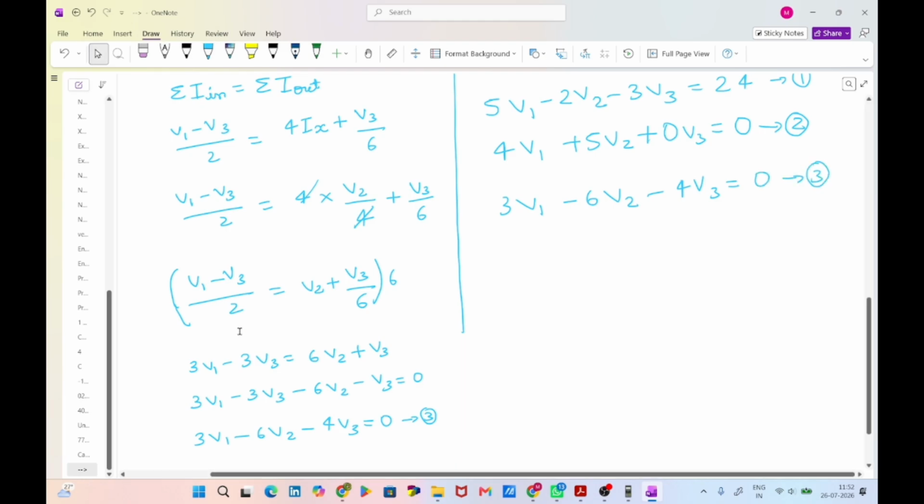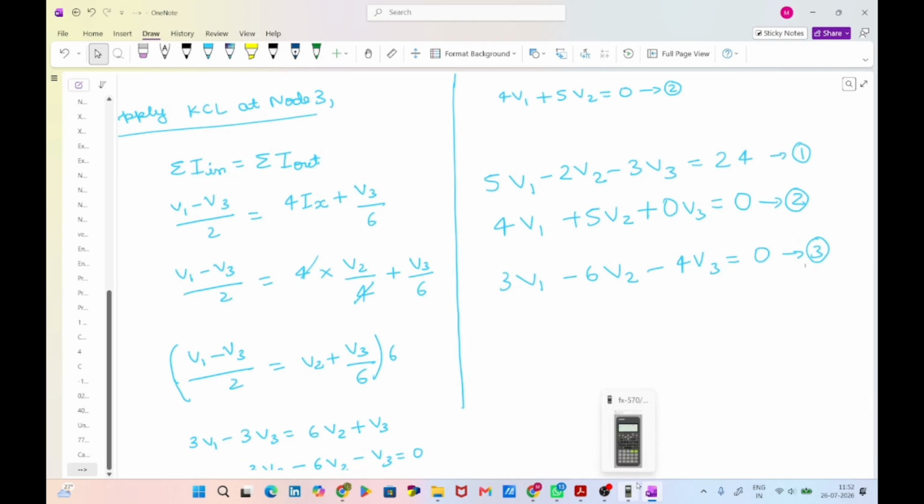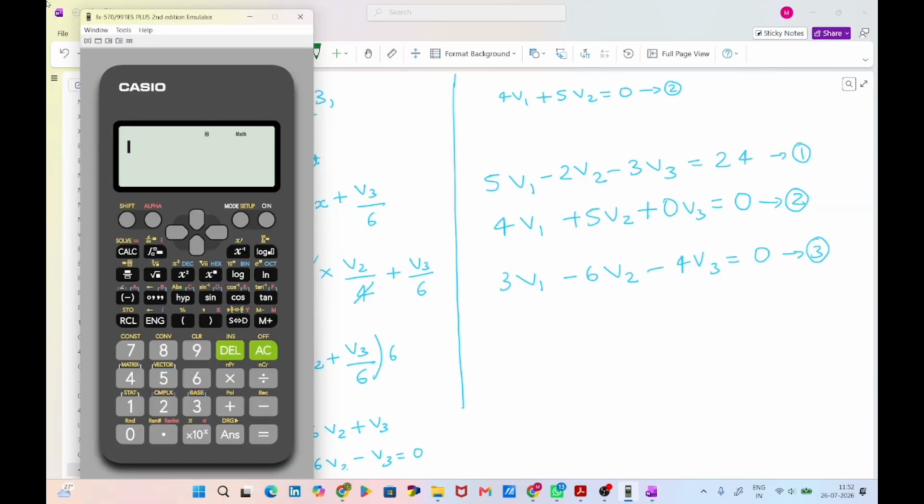I will open the calculator to solve this equation. Click on mode setup, then click on equation, that means 5, and then click on the form anx plus bny plus cnz is equal to dn, then click on 2.